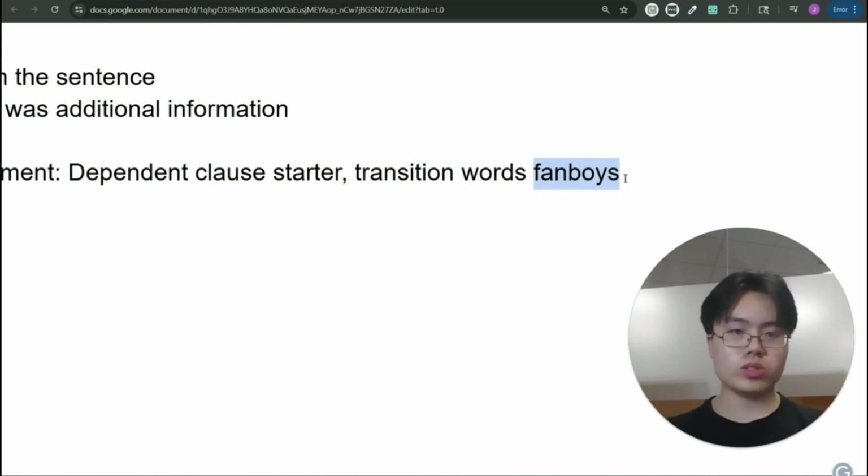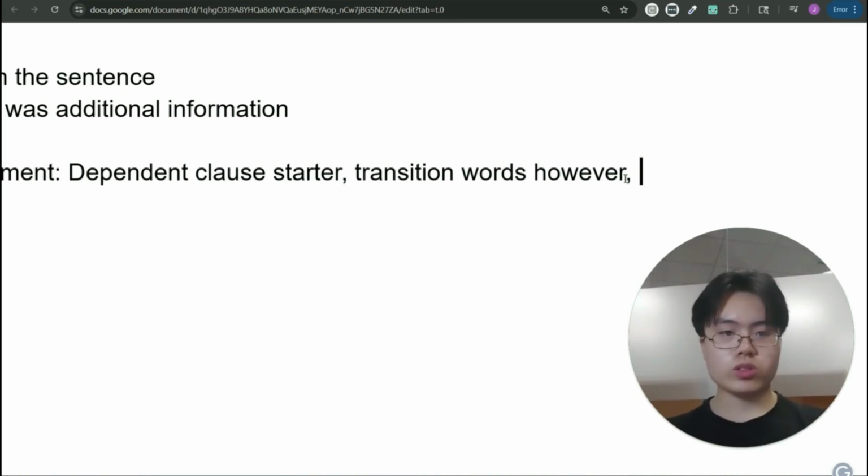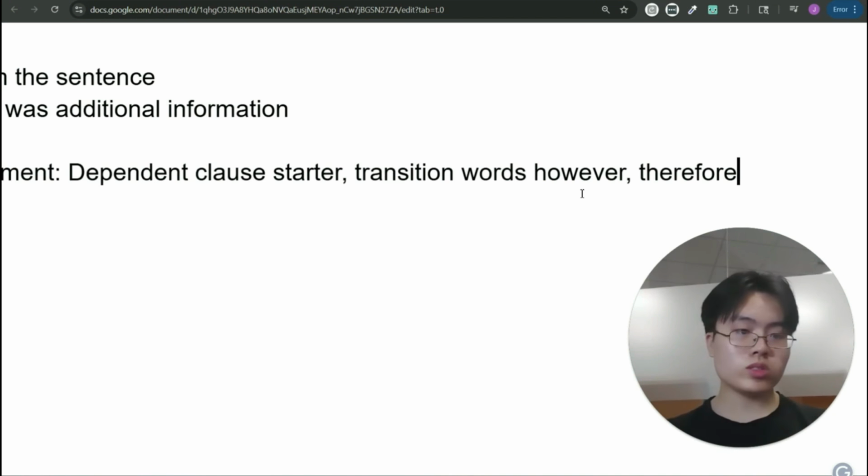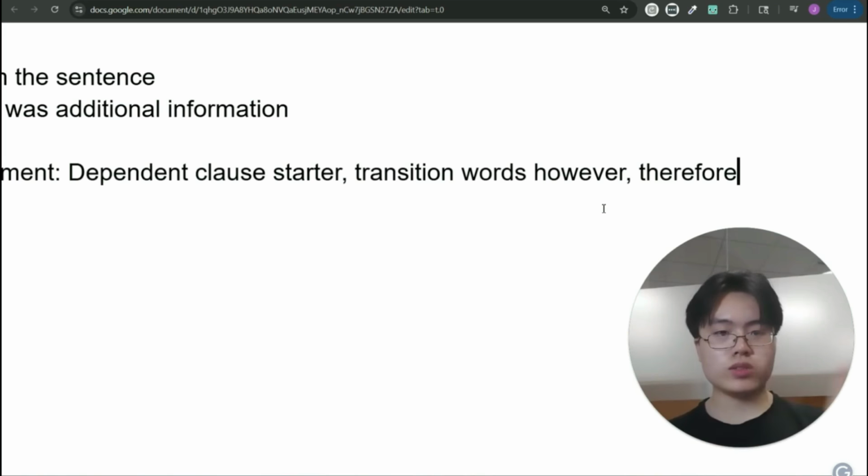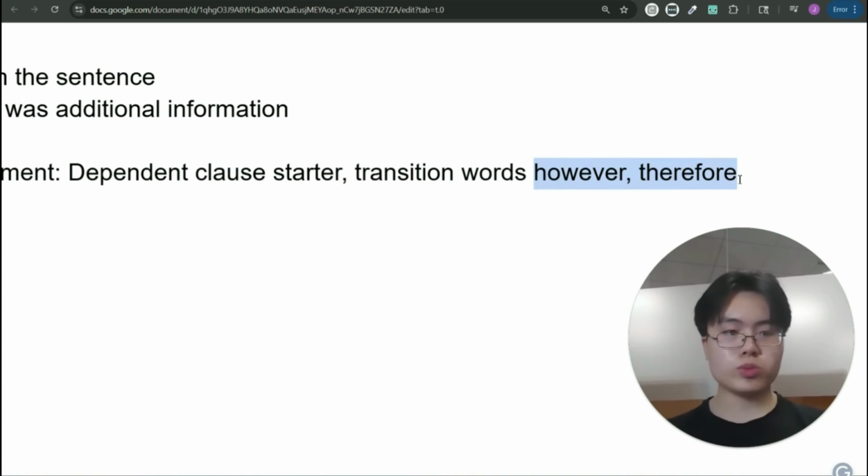These are big transition words like however or therefore. I'll go way more in depth into this later in the video when I talk about transition placement questions. And you won't ever get tested on FANBOYS being placed differently on the SAT, at least the physical College Board doesn't do that. So you don't have to worry about anything to do with FANBOYS. I just wanted to clear that up in case somebody asked in the comments.